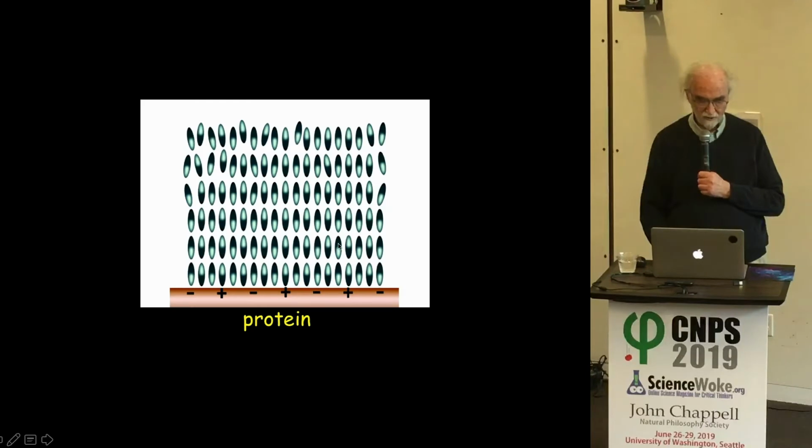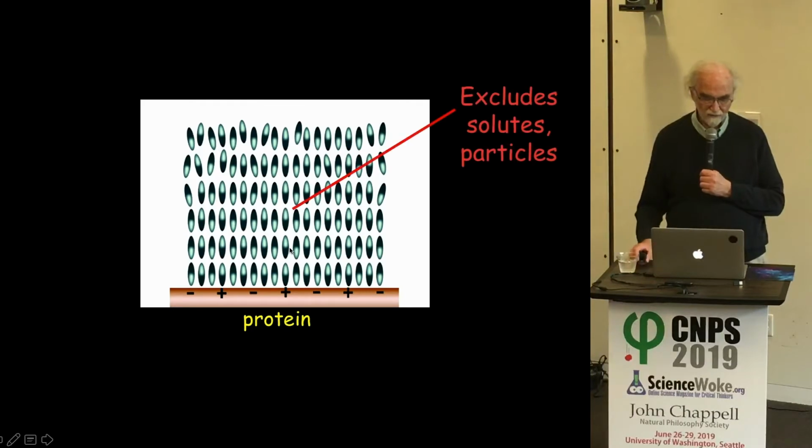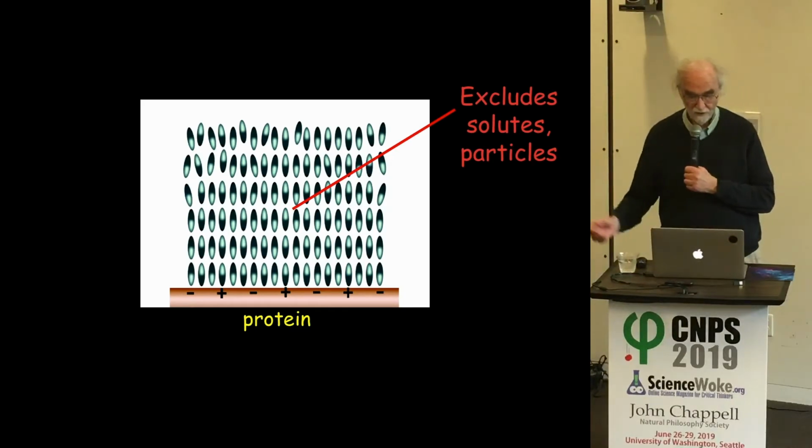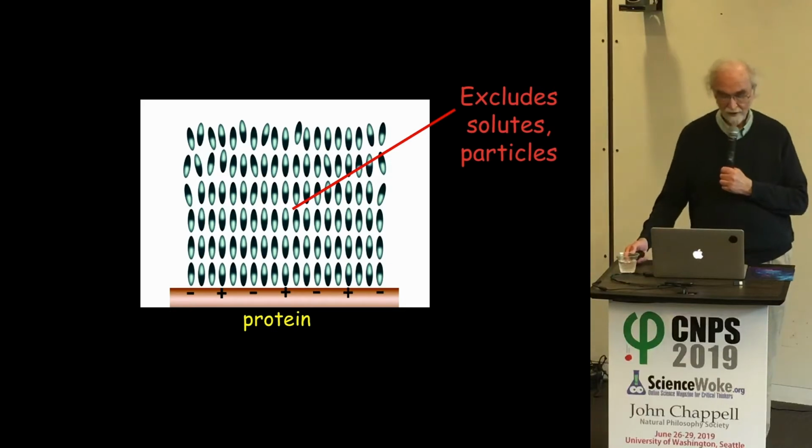So this was like a crystal, and a fundamental aspect of that is if you have a region where the water is ordered, as Gilbert suggests, it excludes particles and solutes. So we were looking around for some kind of experimental preparation where we could see exclusion of solutes and particles. And we found it.